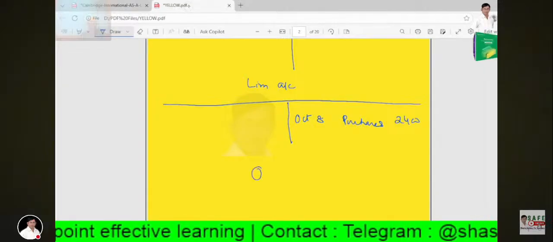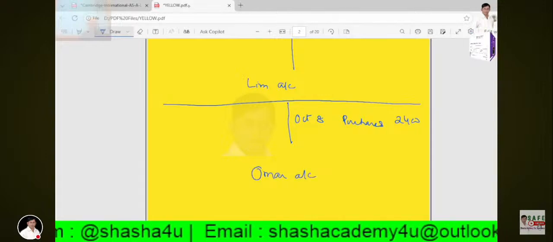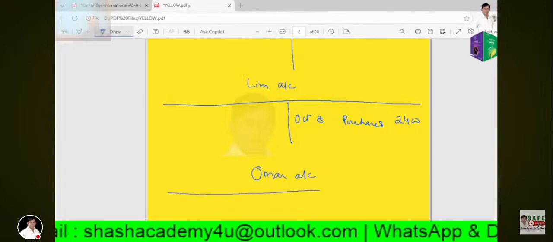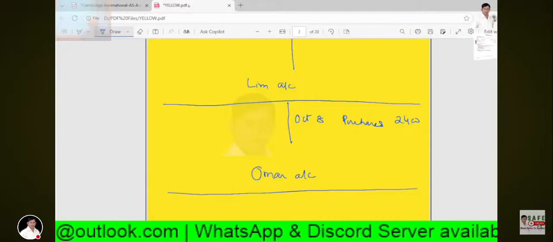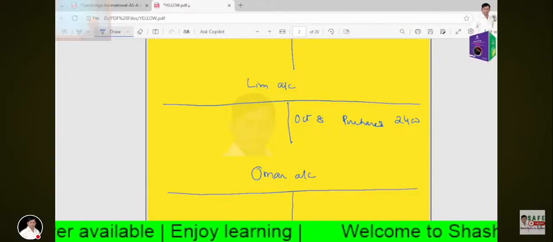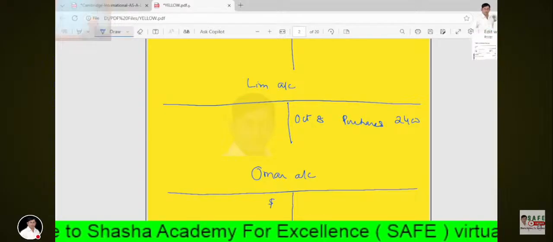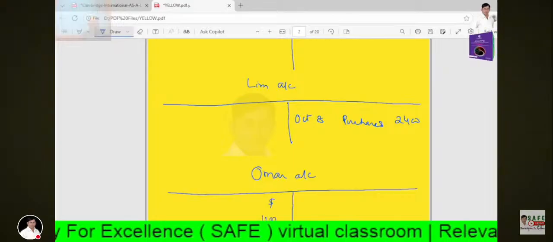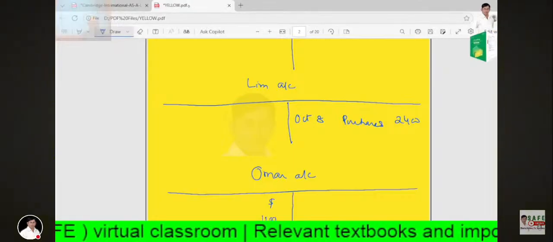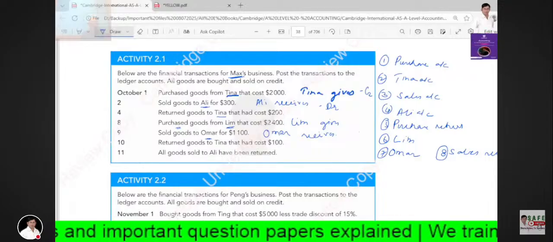So the Homer account will be debited. Why? Because he is receiving 1100. What date? 9th.